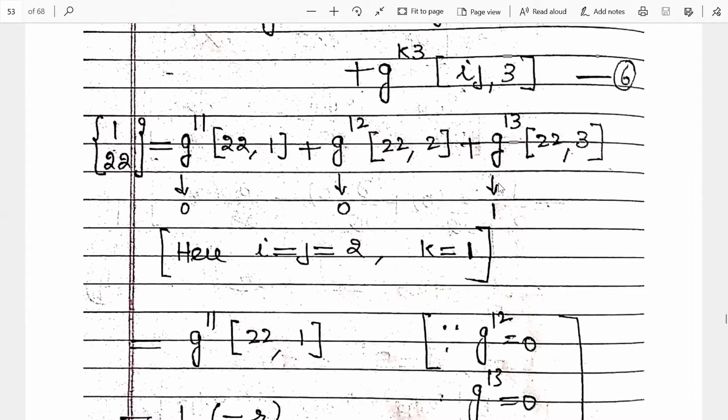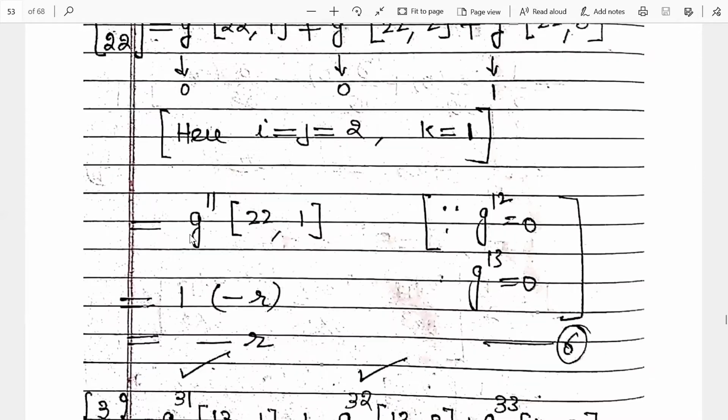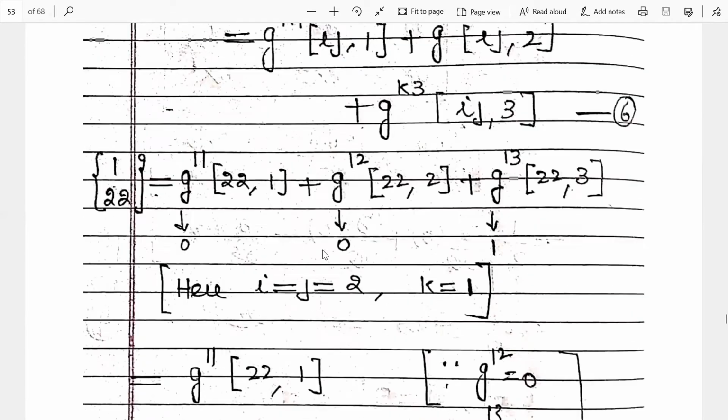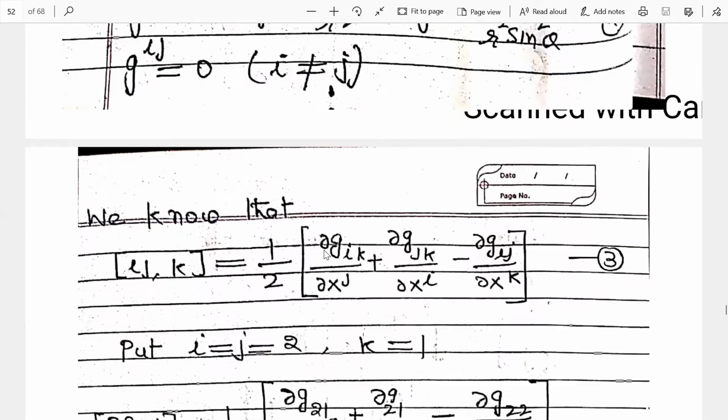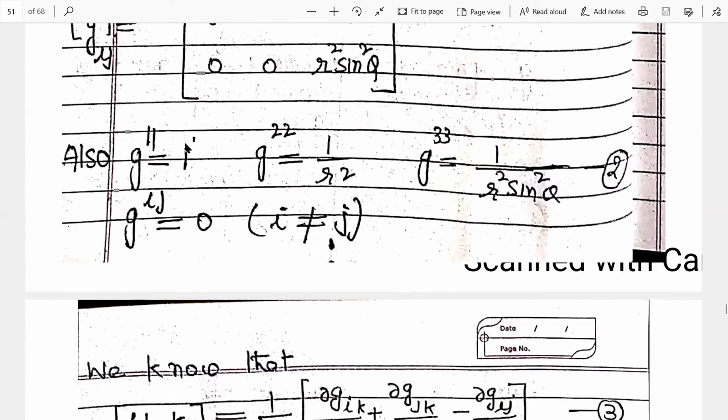So in that case, it will be g^11 [22,1], because this term will be 0 and this term will be 0, right? If this term is 0 and this term is 0, then this value is 0 and this value is 0. So we get g^11 [22,1]. Now what is the value of g^11? We found it earlier, g^11 is equal to 1.